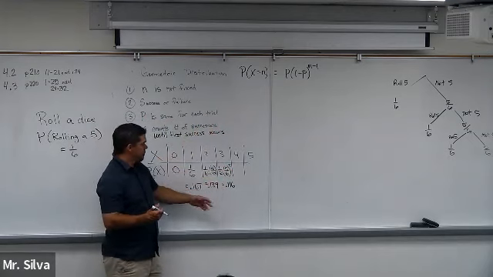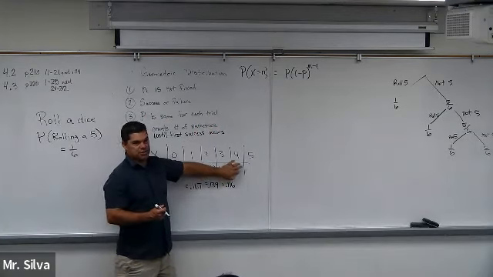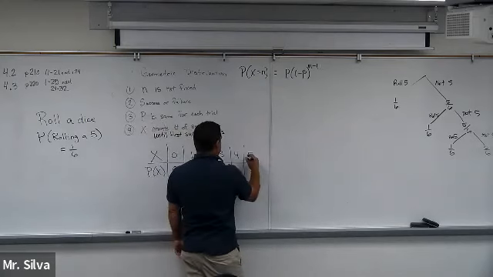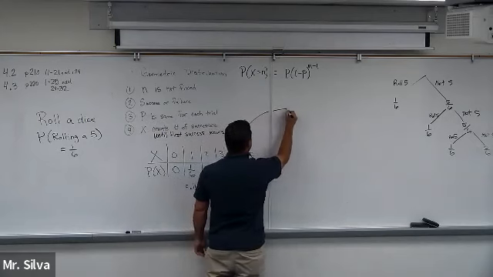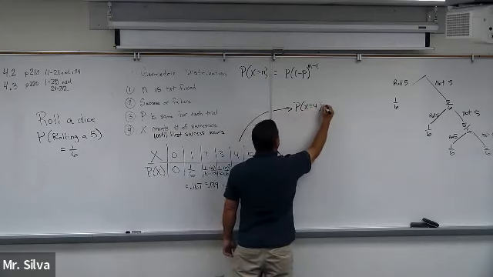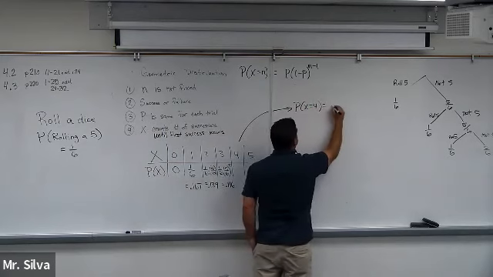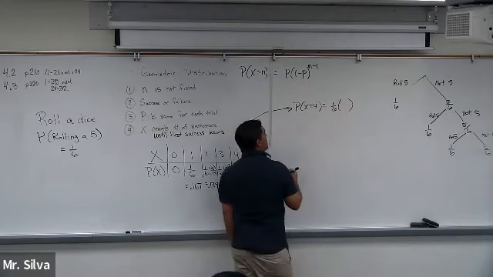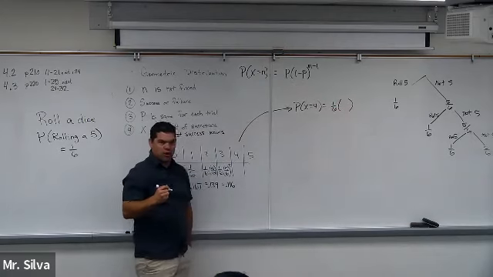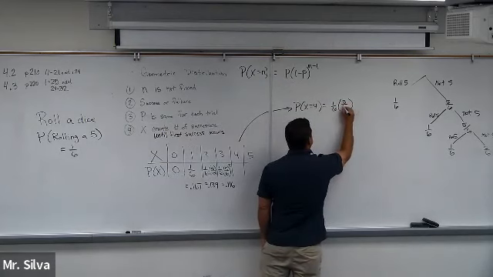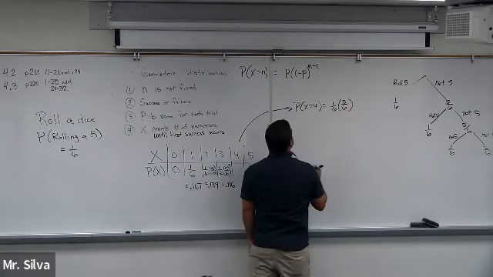Okay, find the probability x equals 4. Let's do this one. I'm going to use the formula right here for 4. Probability x equals 4 equals p times, and I'm just going to use fractions here, 1 minus 1 over 6, that's 5 over 6, raised to the n minus 1.